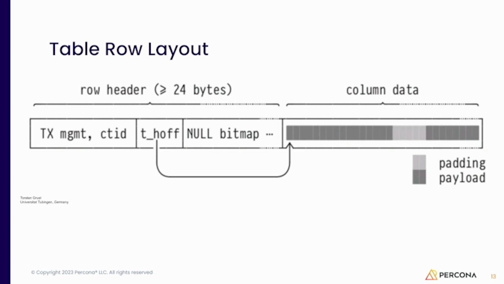It causes another problem. Every solution has another problem, because the transaction ID is a 32-bit integer. What happens when you run out of 32 bits? You come back to the beginning. That's what they call in Postgres transaction ID wraparound.